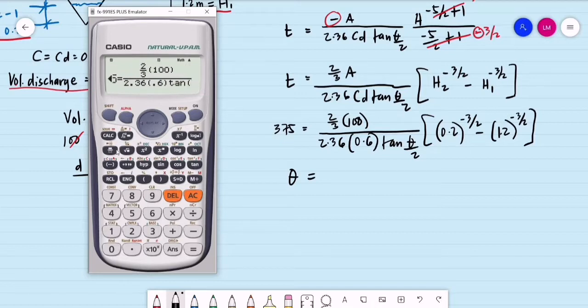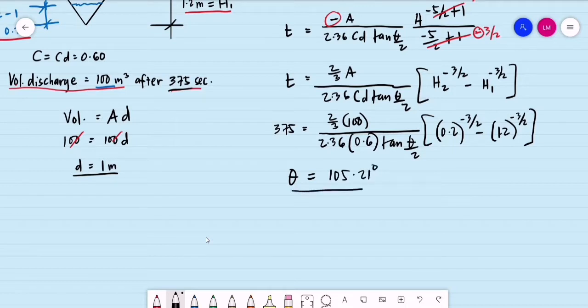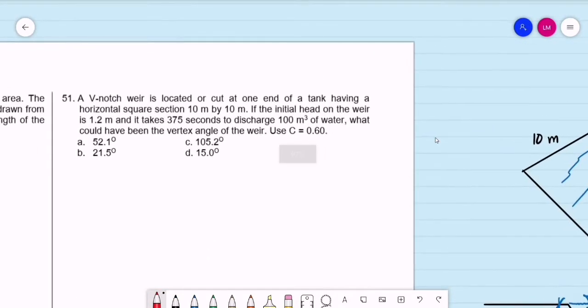The tangent of theta divided by 2, and then to be multiplied by 0.2 raised to negative 3 over 2 minus 1.2 raised to the negative 3 over 2. Okay, let's try shift solve. That's 105.21. Sige, we have 105.21 degrees. So, let us check if we have this value sa choices for question number 51. Okay, so closest value, that will be letter C, 105.2 degrees.